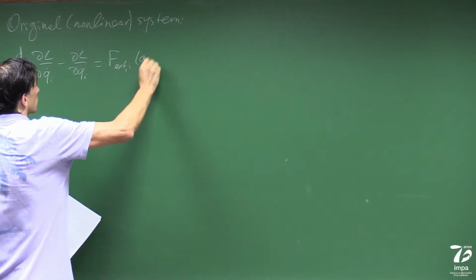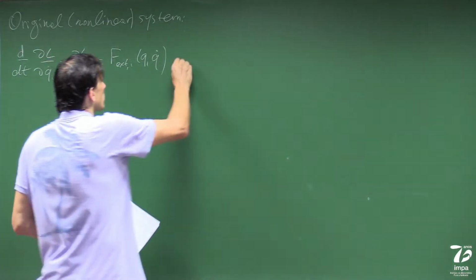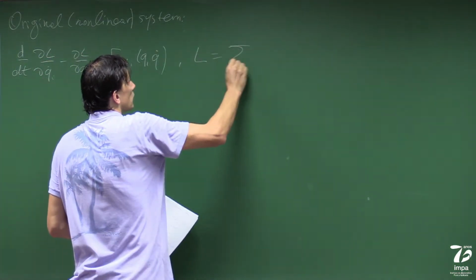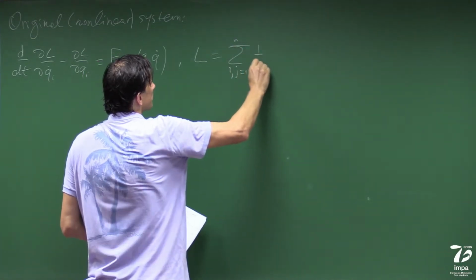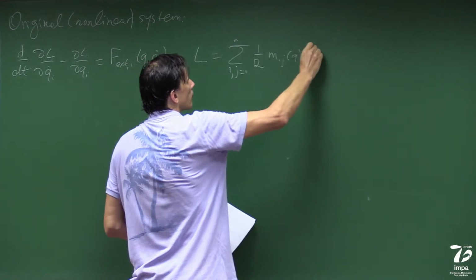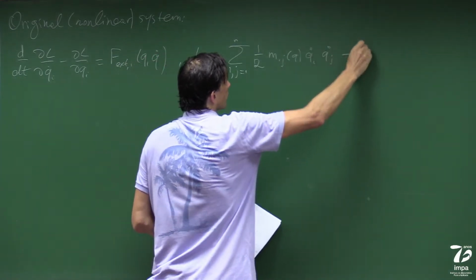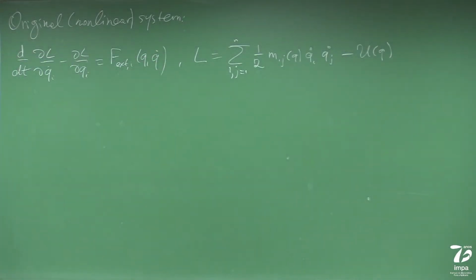So this was the original system, where L, remember, the Lagrangian is always the same form. So this is a rather general expression for the equations of motion.